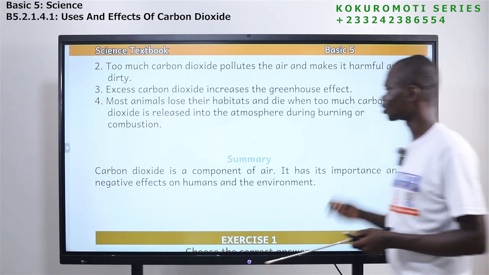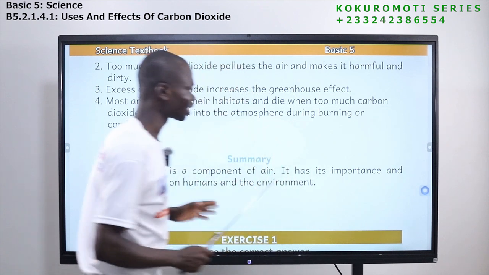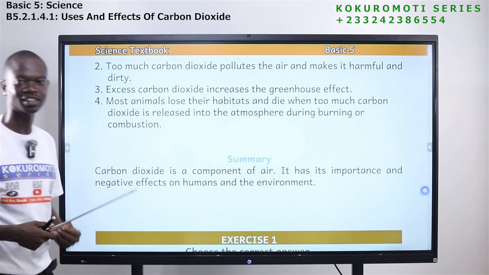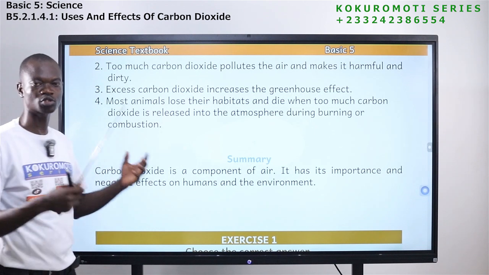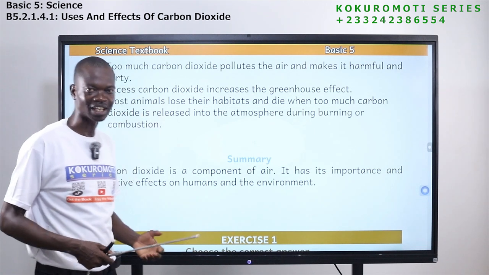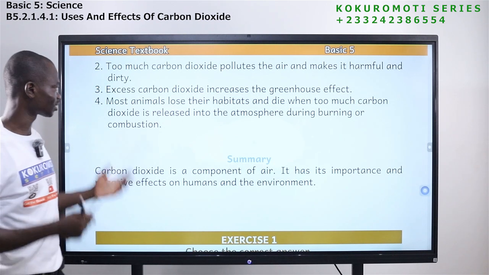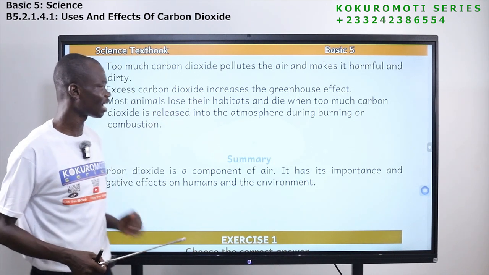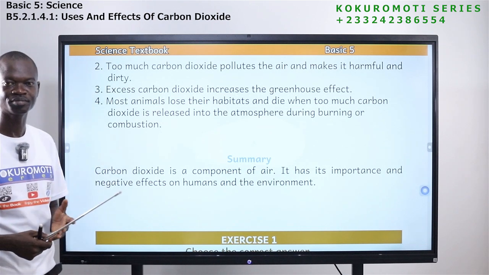We should also understand that carbon dioxide doesn't only affect human beings, it affects the environment. The environment is also made up of animals. So the animals and their habitats are going to suffer. So most animals will lose their habitats and die.